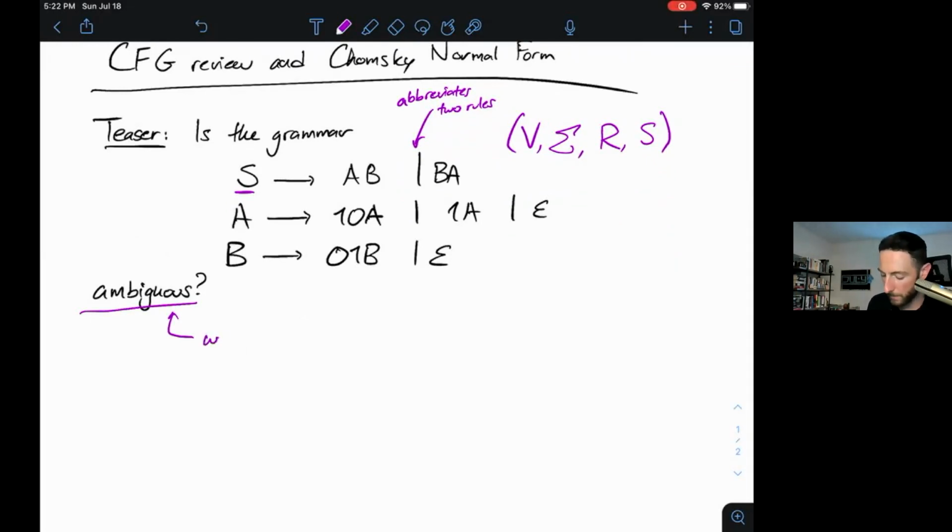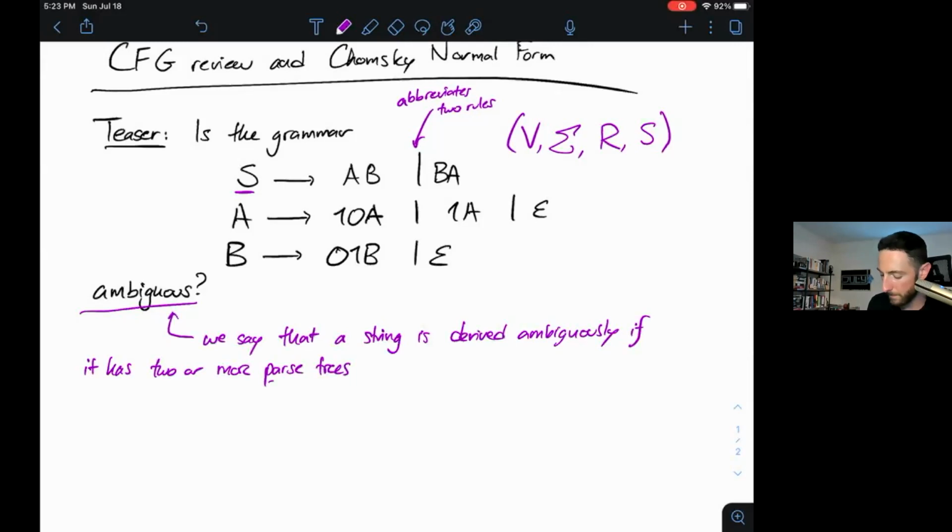If you remember, we say that a string is derived ambiguously if it has two or more parse trees, or equivalently, meaning this is the same thing, if it has two leftmost derivations.